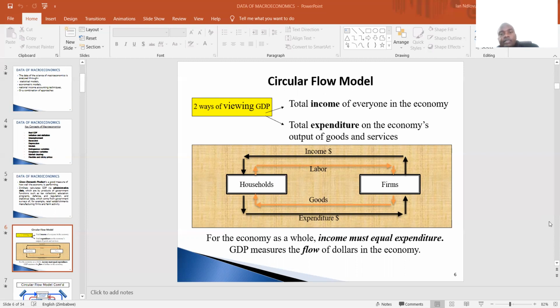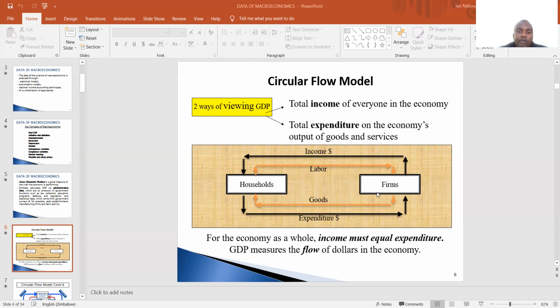At an elementary stage, as the total income of everyone in the economy, or total expenditure on the economy's output of goods and services. And this can be diagrammatically represented by the two-sector model of the circular flow model of national income.